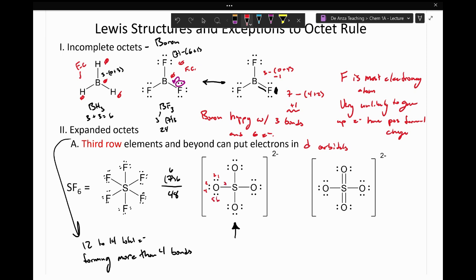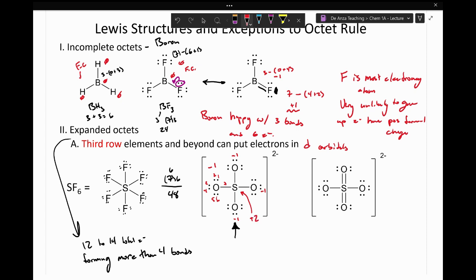We know that it wants 6 total electrons, so this has a formal charge of -1, and that's true for every single oxygen. Sulfur also wants 6 electrons, but it has no lone pairs and it forms 4 bonds. So this sulfur has a formal charge of +2.